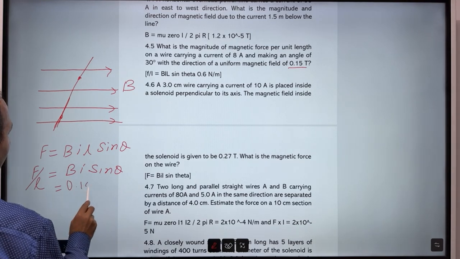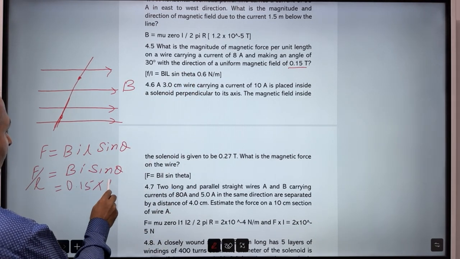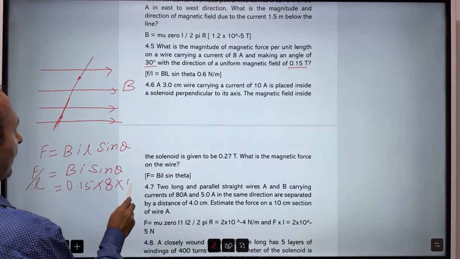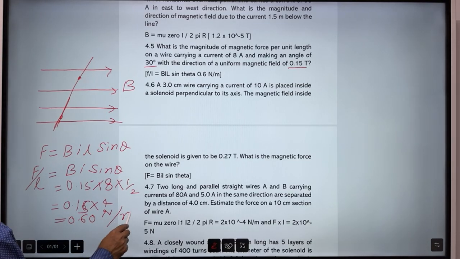So 0.15 into current, which is 8 ampere, and sine 30 degree. Sine 30 degree means 1 by 2. We can simplify: 0.15 into 4, which will become 0.60 Newton per meter. Correct? So you have understood.